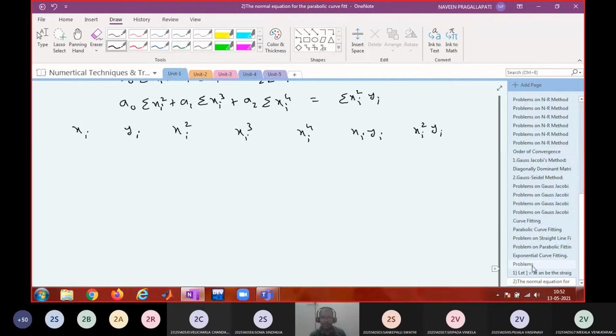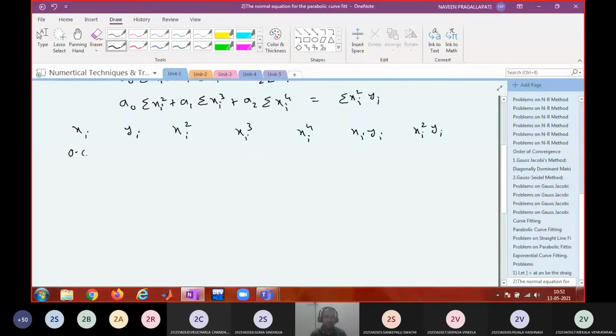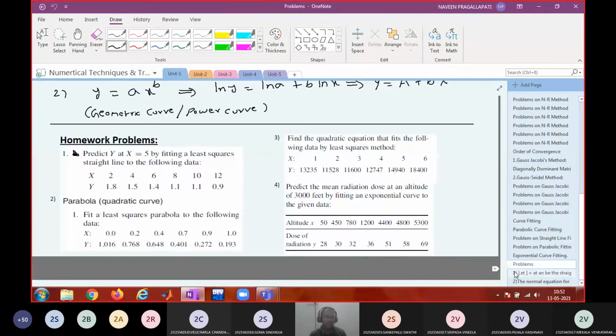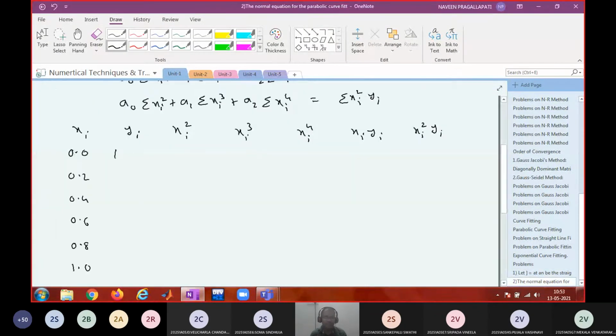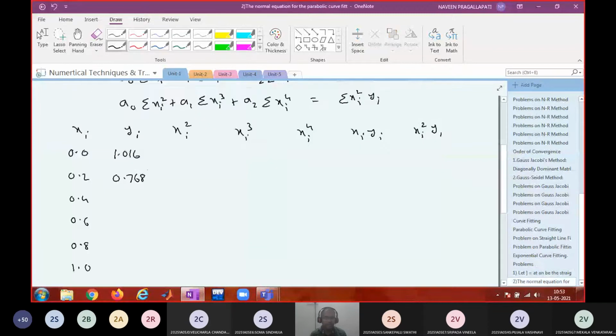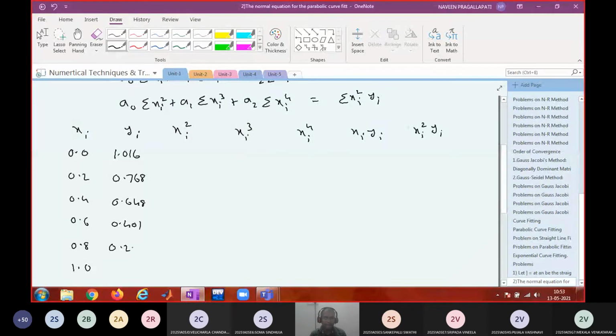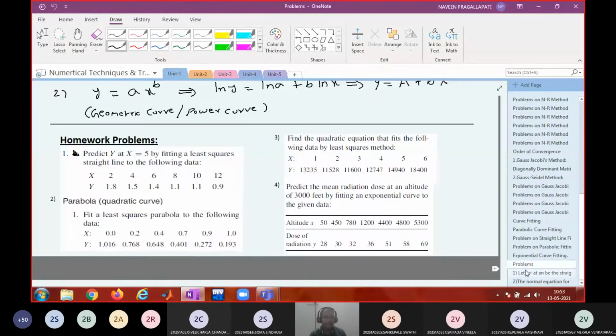Okay, so x values are 0.0 to 1.0. Y values: 1.016, 0.768, 0.648, 0.401, 0.272, 0.193.